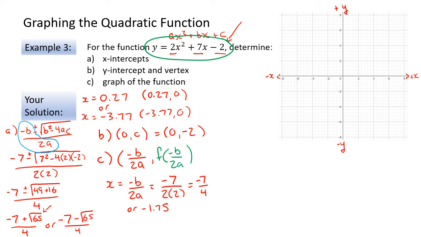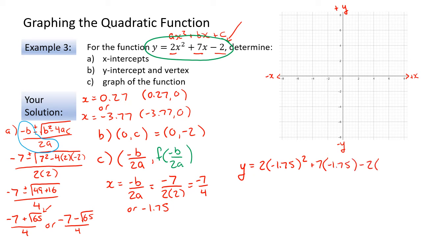To solve now for the function, we have to substitute in the x-coordinate. So y is equal to 2 times negative 1.75 squared plus 7 times negative 1.75 minus 2.